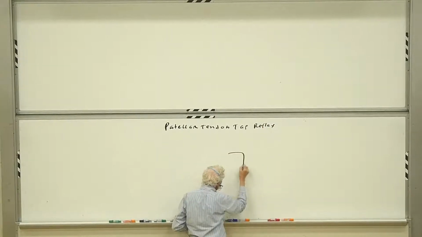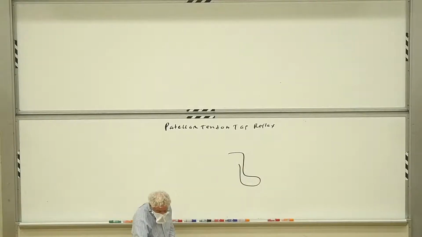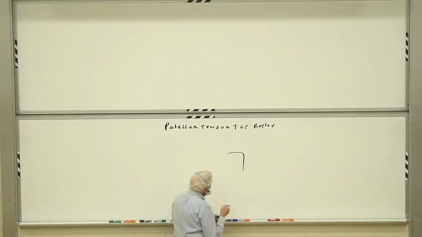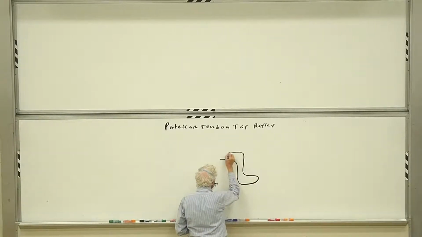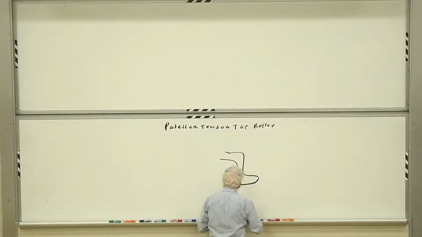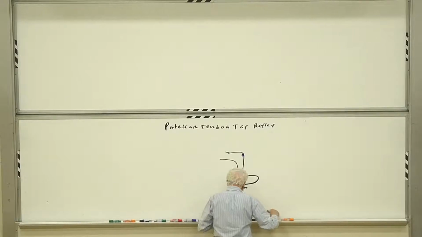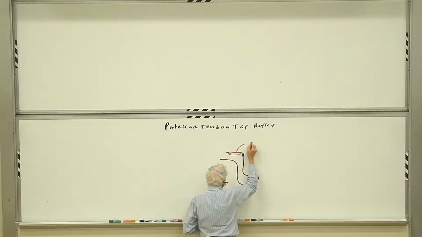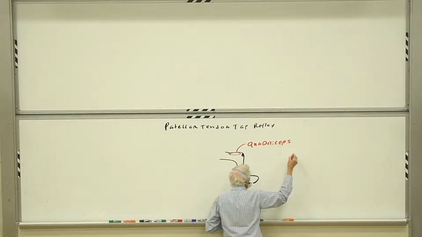So we'll start out here with one of my sorry representations of a leg. It's a terrible foot even for me. And in here, in blue, is the kneecap, your patella. Up here in red is the quadriceps muscle.